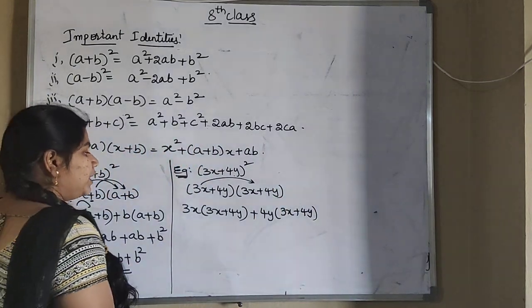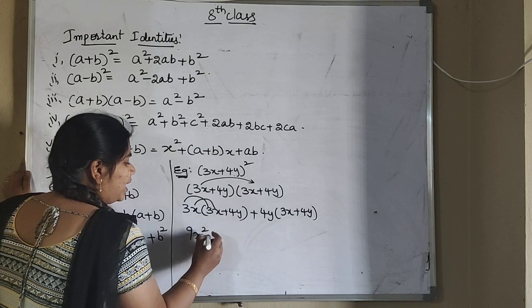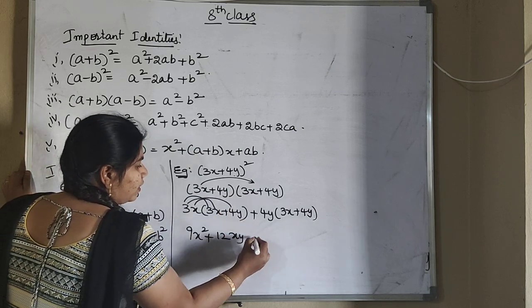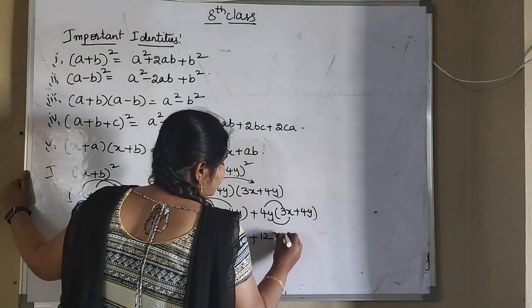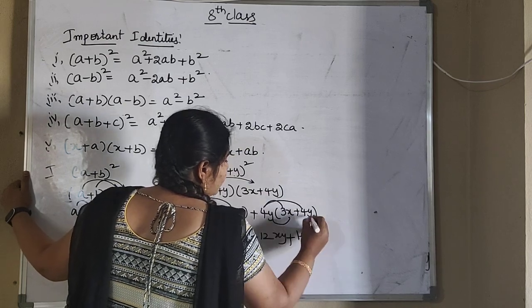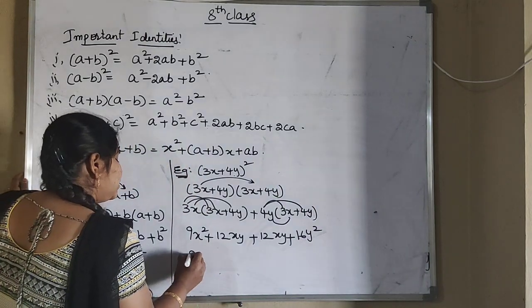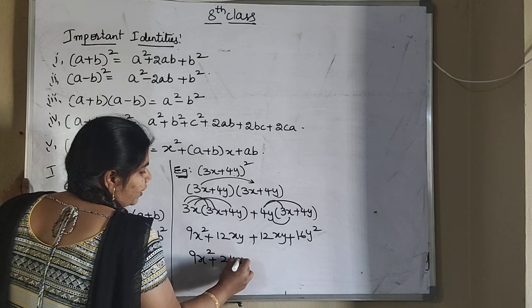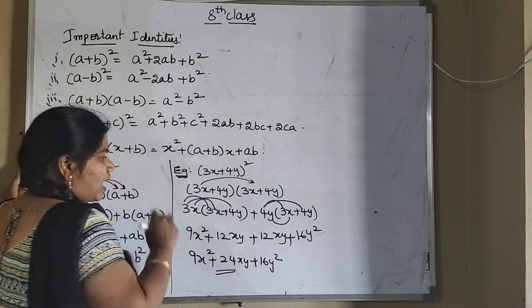Now multiply the terms. 3 3s are 9, x into x, x square, plus 3 4s are 12, x into y, xy, plus 4 3s are 12, y into x is xy, plus 4 4s are 16, y into y, y square.